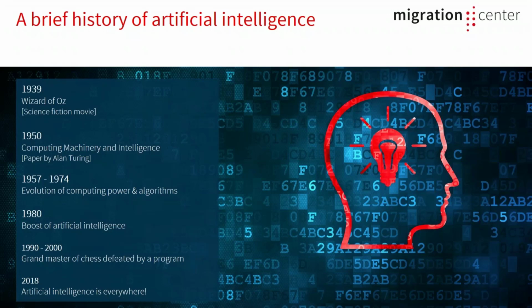In the 50s, a couple of scientists, mathematicians, and philosophers addressed this concept of artificial intelligence for the first time in a more or less scientific context. Between 1957 and 1974, machine learning algorithms improved, and people got better at knowing which algorithm applies to which problems.